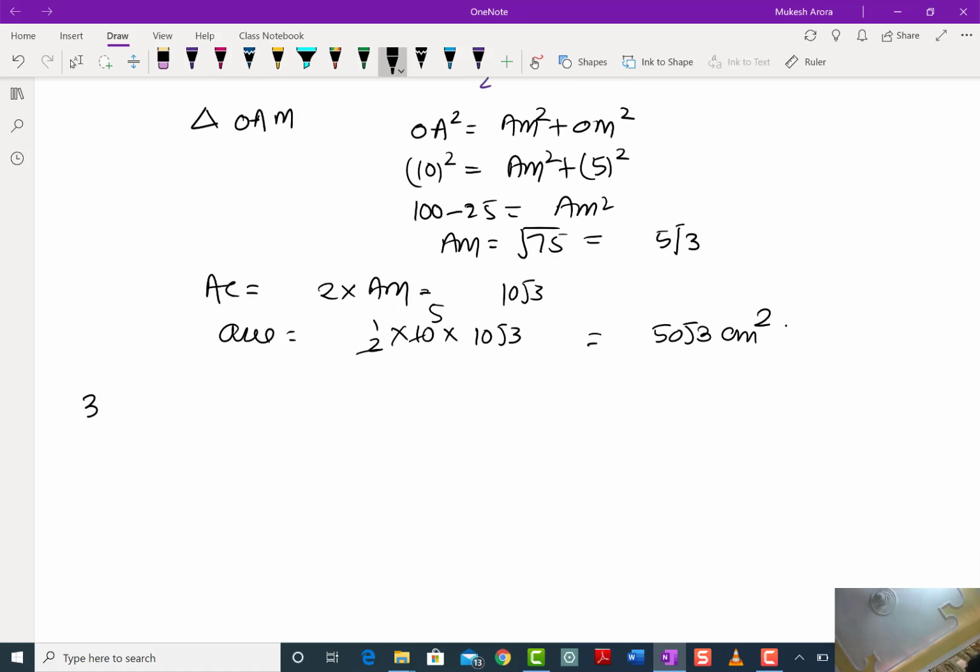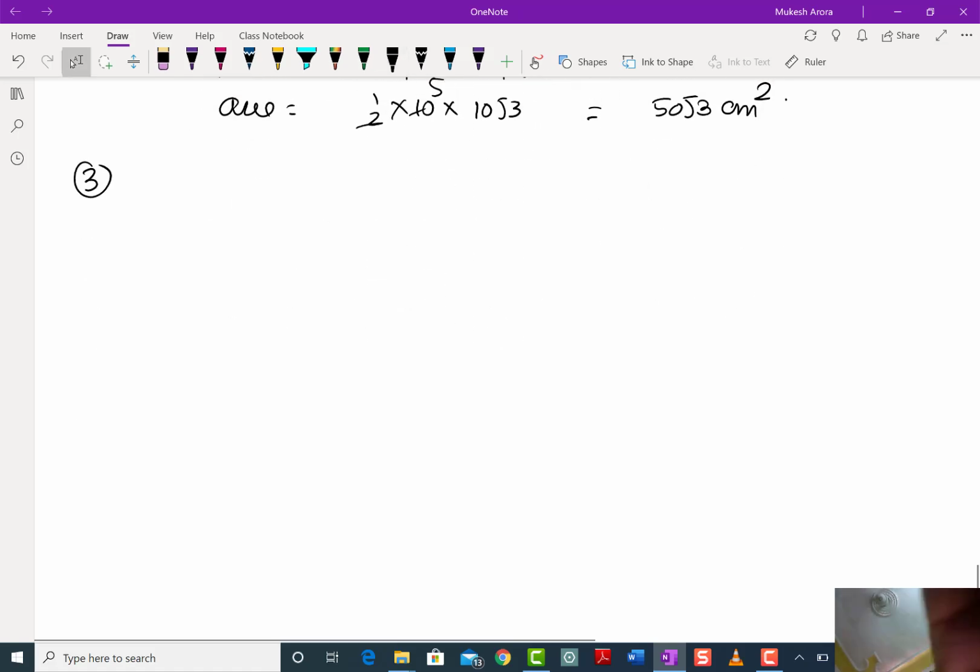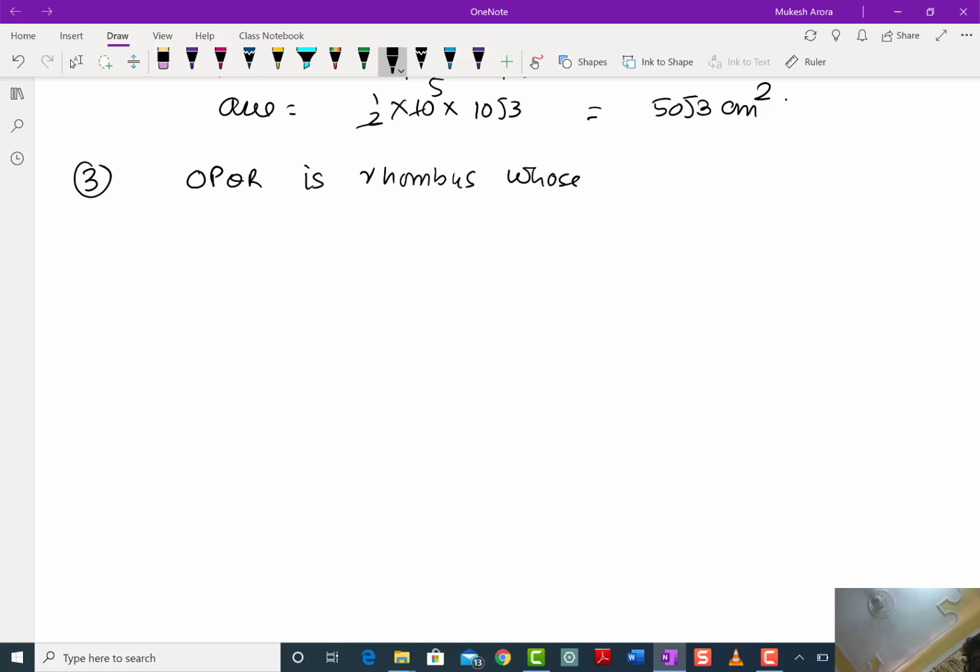Right? Question number 3. Question number 3 is also of same type. OPQR is a rhombus whose 3 points lie on circle and O is center of circle.